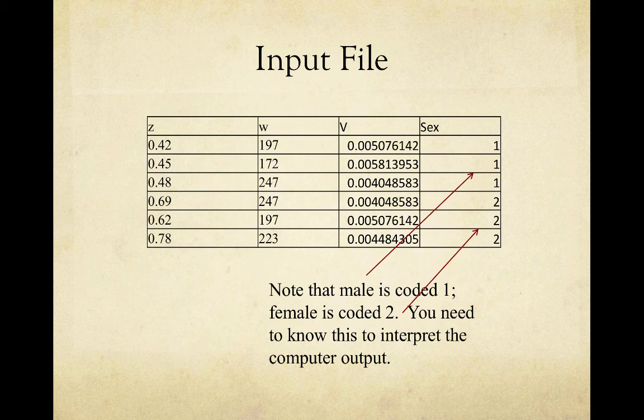Okay, so here we've got the input file. So I've got Z and W is n minus 3, and here's V, so that's 1 over n minus 3, and I've got the coding for sex, 1 for males, 2 for females. Okay, you have to remember that when you're looking at your output, otherwise you will be mystified as to what it means.